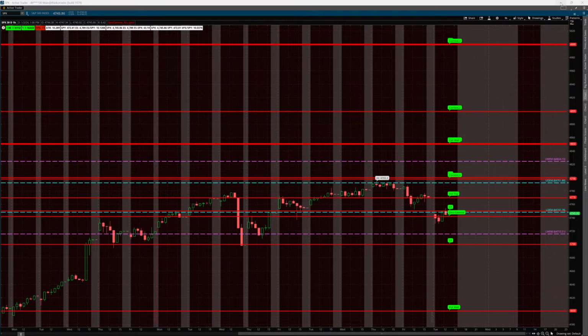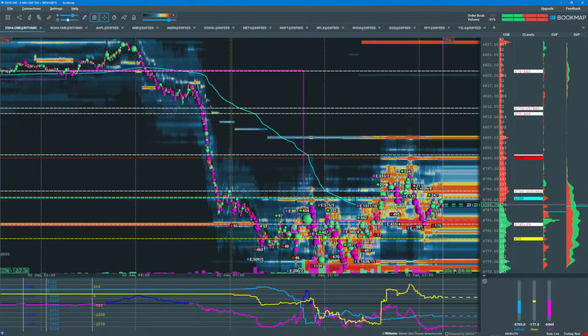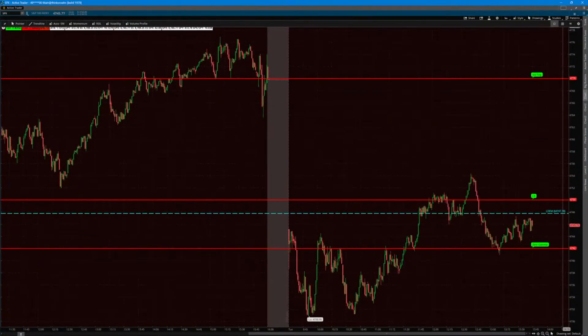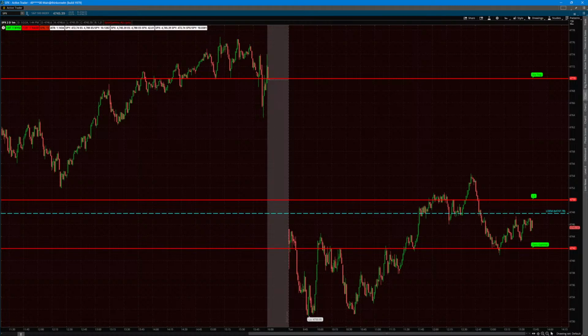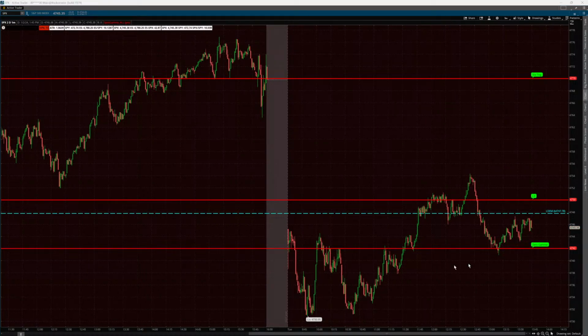All right, so that is the levels on a 1 hour chart. Let's just take a look at one more SPX chart. This is a 1 minute chart showing the levels in play for today. Note that SPX opened up below the lower daily expected move.